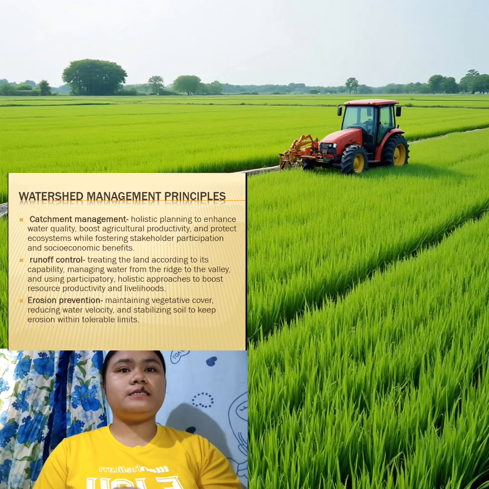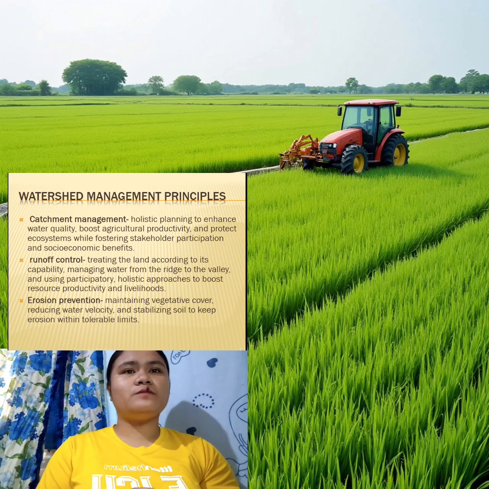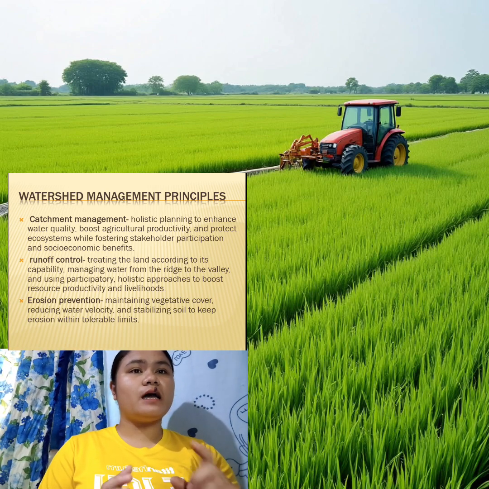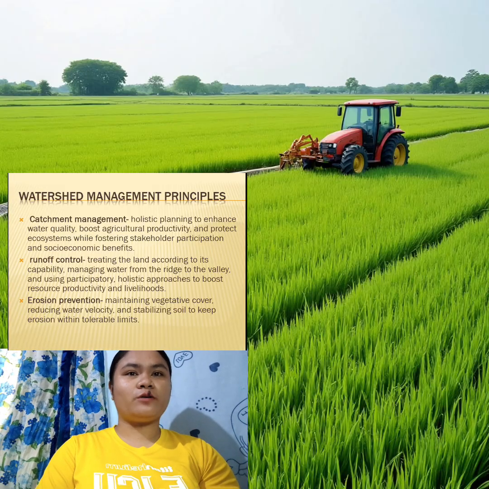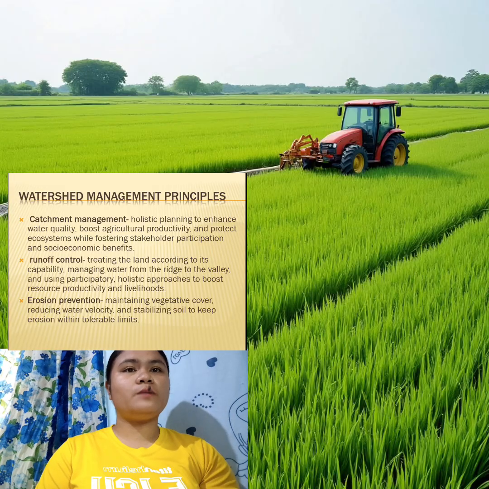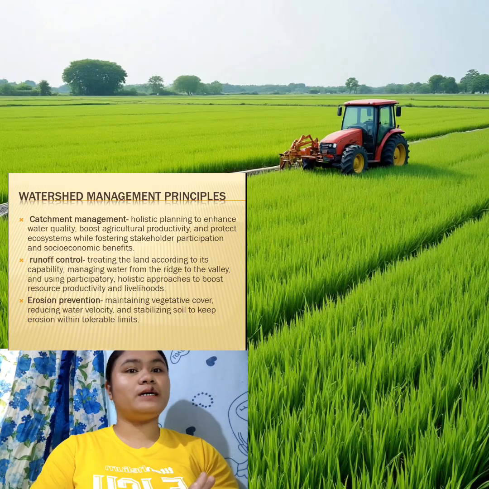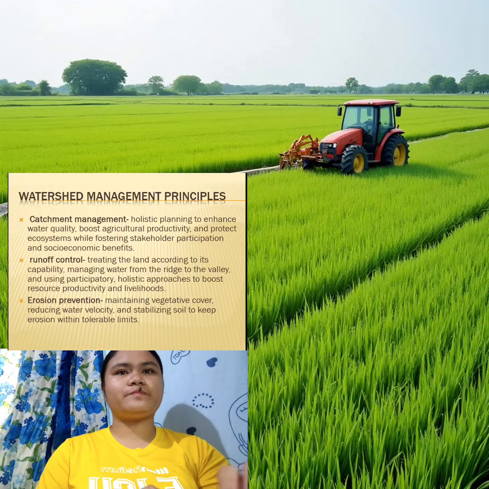The first is catchment management. Catchment management involves holistic planning aimed at three goals. First is enhancing water quality. The second is boosting agricultural productivity. And last but not the least, the third is protecting ecosystems.